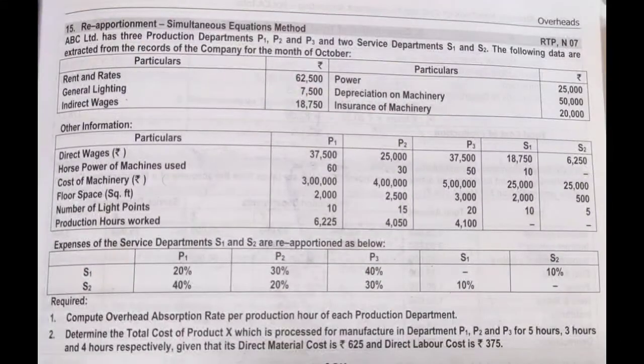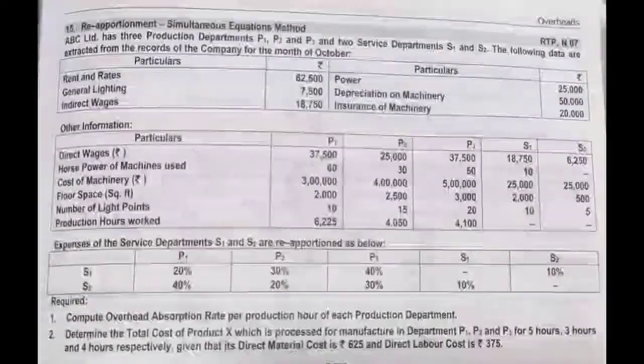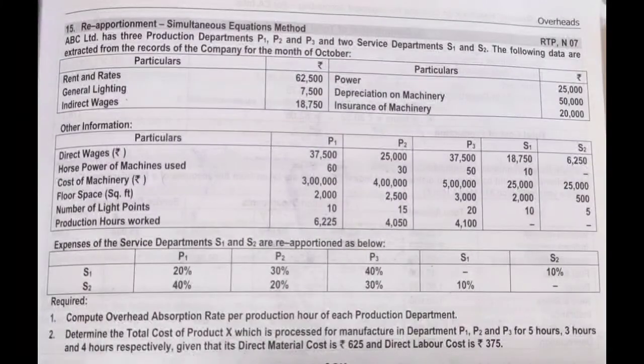And then as far as S2 is concerned, the S2 overheads are to be distributed between P1, P2, P3, S1 in the ratio of 40 is to 20 is to 30 is to 10 respectively. You are required to compute the overhead absorption rate per production hour of each production department. Determine the total cost of product X, which is processed in the manufacturing departments P1, P2 and P3 for 5 hours, 3 hours and 4 hours respectively.